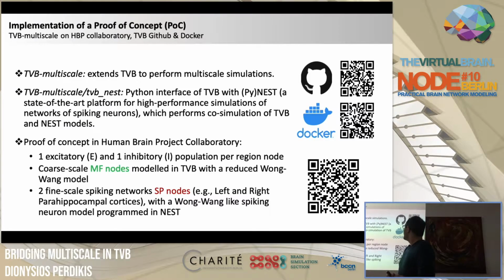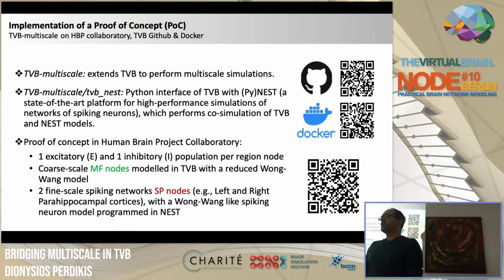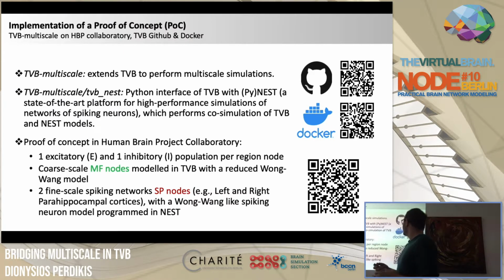You can run everything also in the HBP Collab, but exactly due to this image with Nest installed, you also have to have a cluster account from CSCS in Switzerland. That's why we could not run today's hands-on session in HBP Collab, but you really need to install this Docker image. So for most of you, I guess it cannot work to use it in the HBP Collab for the moment.